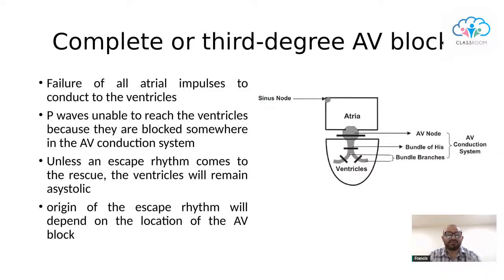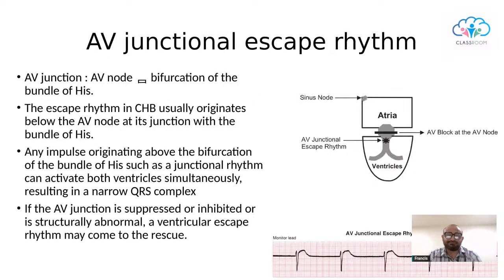And the origin of the escape rhythm will depend on the location of the AV block. So here, since the SA node is not able to conduct, either the AV node or the AV junction takes over pacemaking duties, or the ventricular cells take over pacemaking duties.